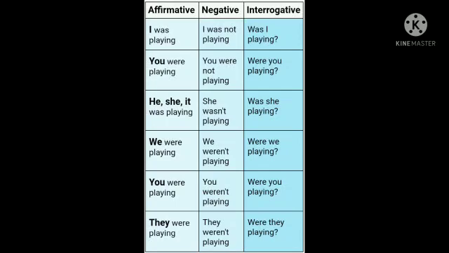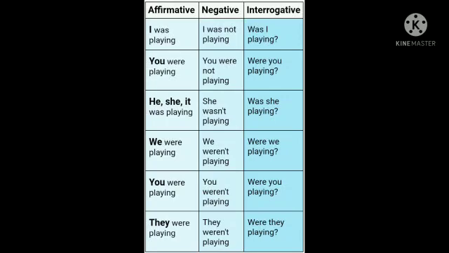Here second one, you were playing, and the negative of this affirmative sentence is you were not playing. Always remember that whenever you are using not, that means negative, then before that negative you have to use the auxiliary verb or helping verb, you can say here. And the interrogative of this sentence is were you playing.